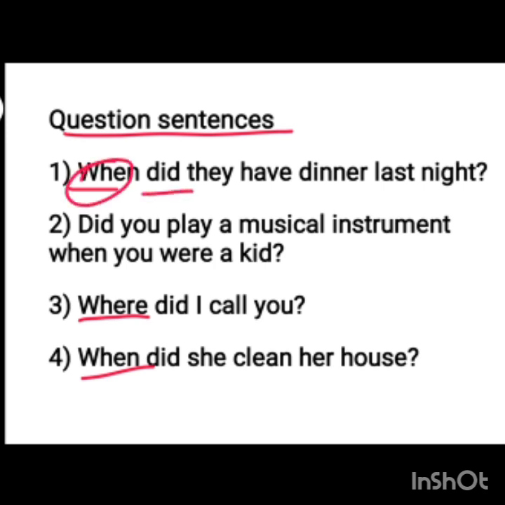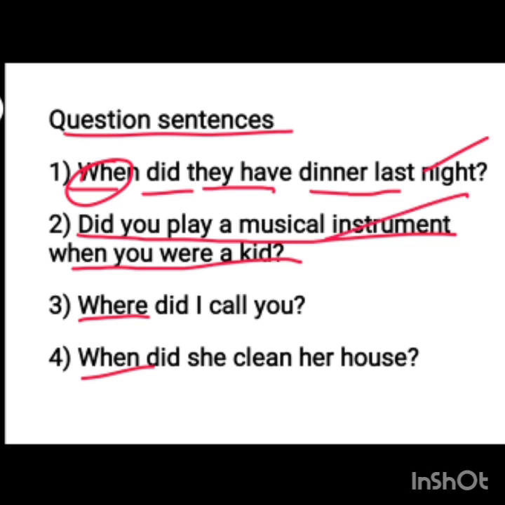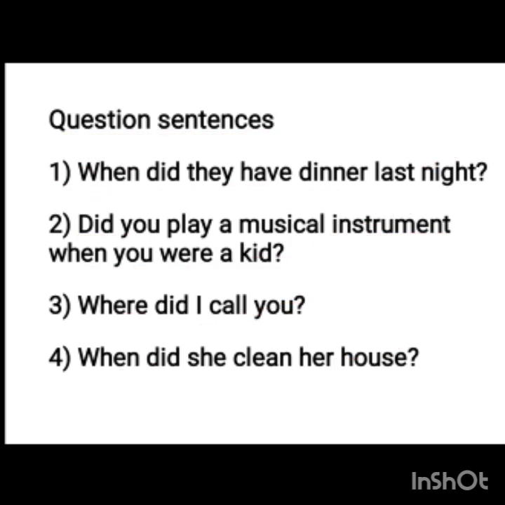When did they have dinner last night? Did you play a musical instrument when you were a kid? Where did I call you? When did she clean her house? This is how we frame question sentences in the simple past tense.